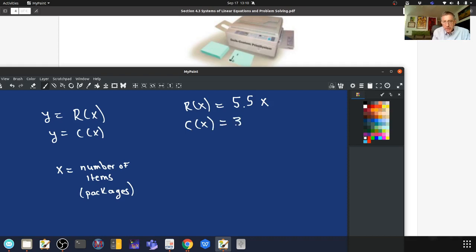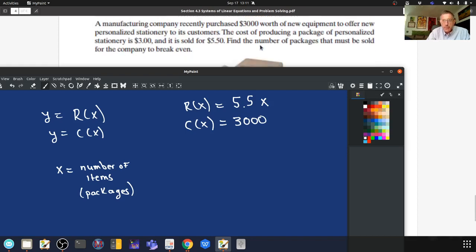And our C of x is going to be our cost function, where our cost function starts with the base cost, which was given to be $3,000, plus $3 per item.